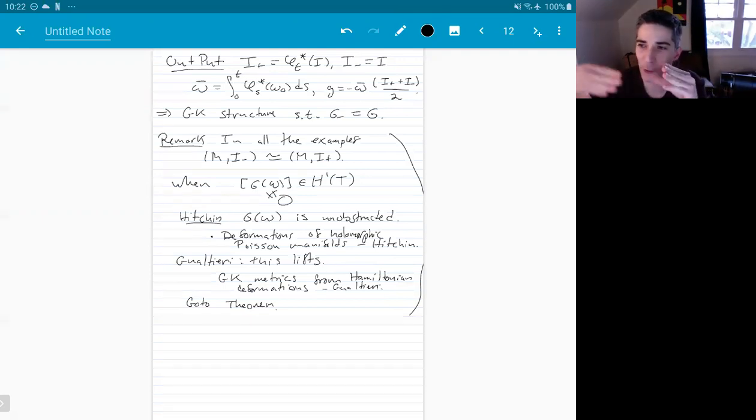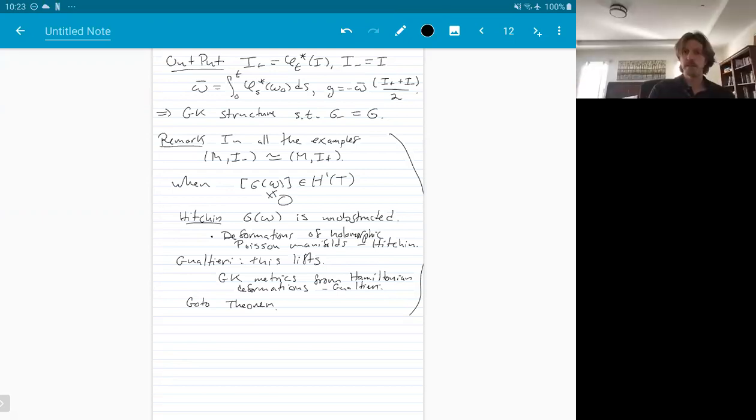The structure can be interpreted in different ways, and there are many levers that you can use to deform. But I think that the holomorphic Poisson deformation, the one that I'm talking about, is the one that shows up in your papers, Jeff. Like this thing about the flow construction, right? For some reason, it's that kind of deformation which is showing up in your papers. Yes, yeah, that's my understanding.